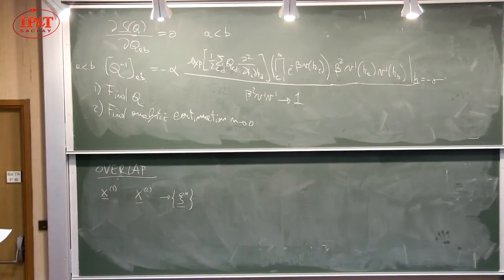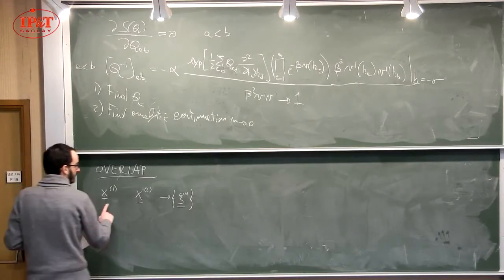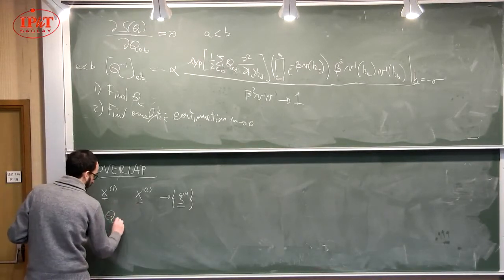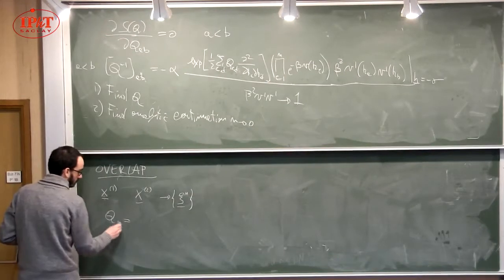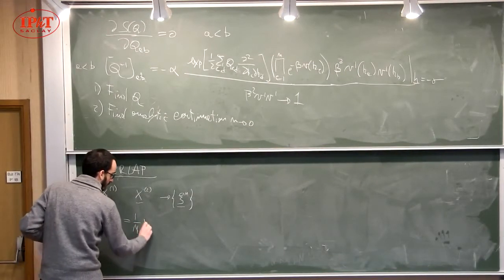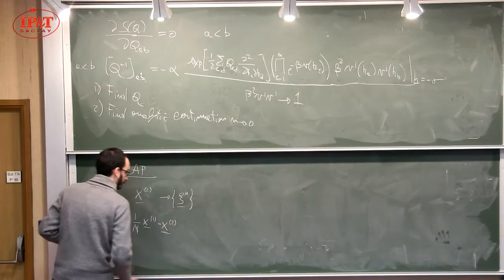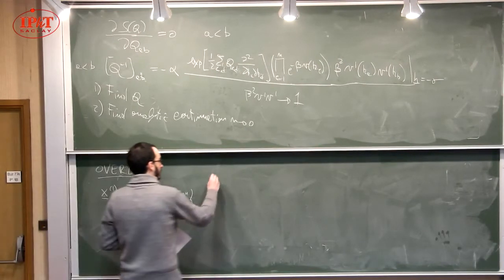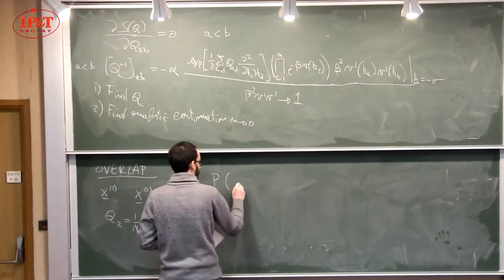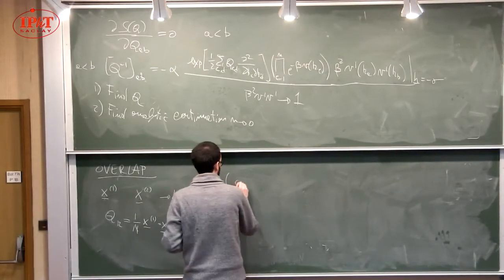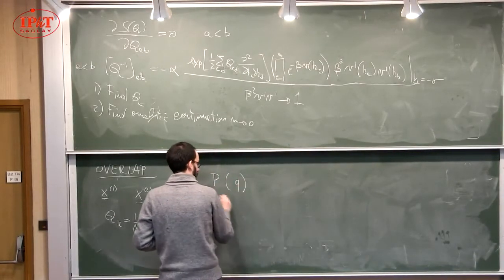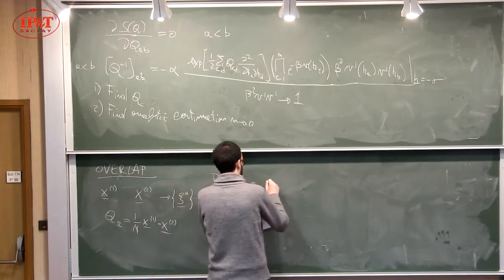Now, what I would like to understand is what is the probability distribution of the overlap between the two. Okay, so Q12, again I define it this way. And then I would like to understand what is the probability distribution of Q12. So I write it and then I explain it.